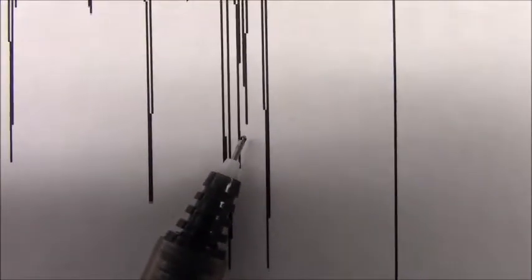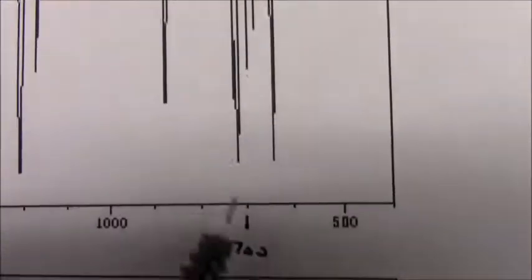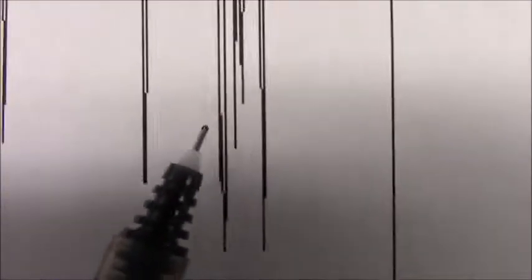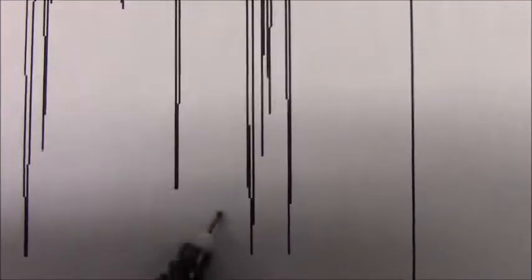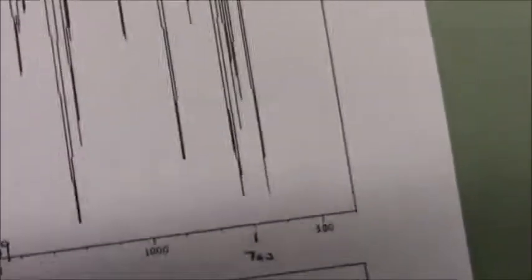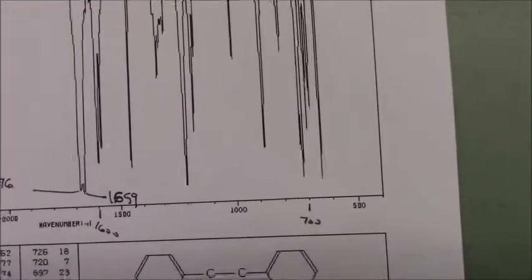I've got to be a little careful here. This is 650. I don't really like the looks of this one as much. 650 is a bit low, because normally the mono one is more like 670, 680 plus the 720-ish. And you got 2 of them, so I might circle these right here and call it mono-substituted OOP bend. That's about it for that.